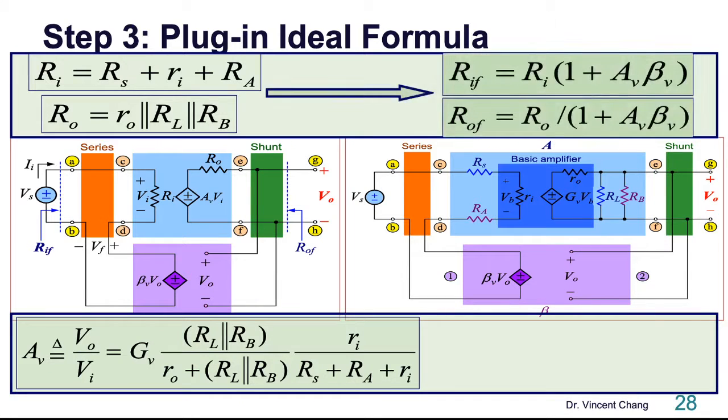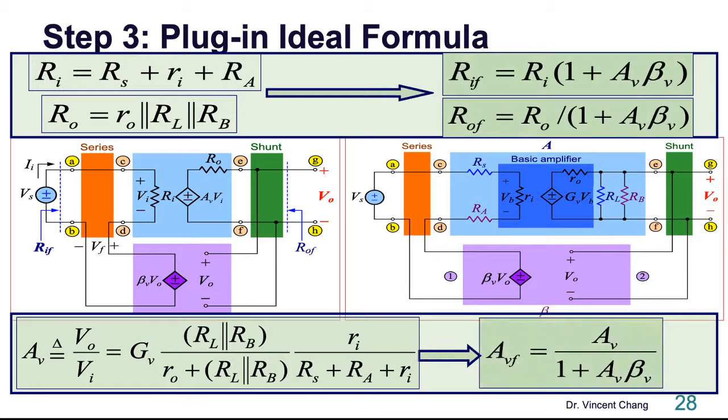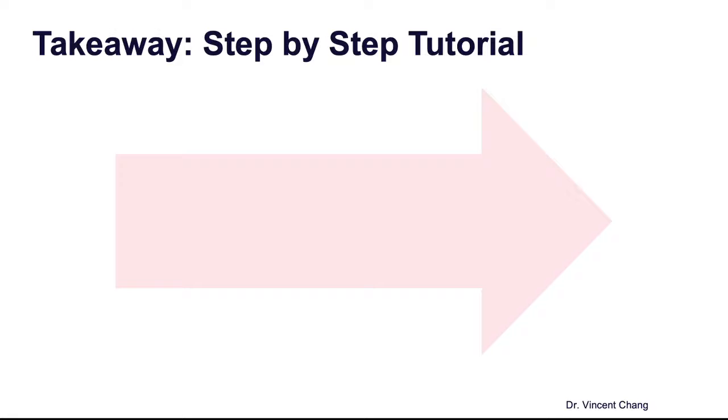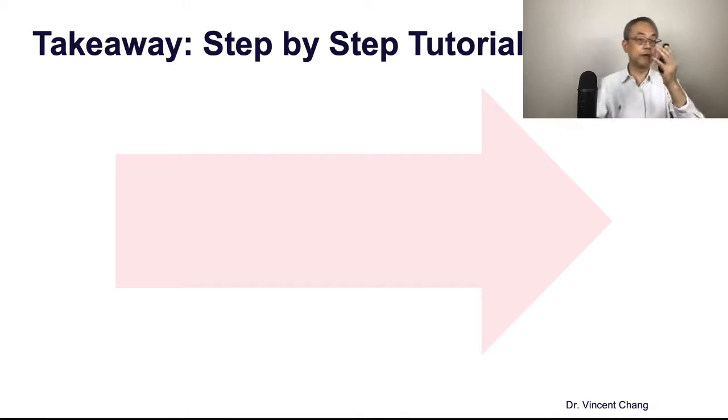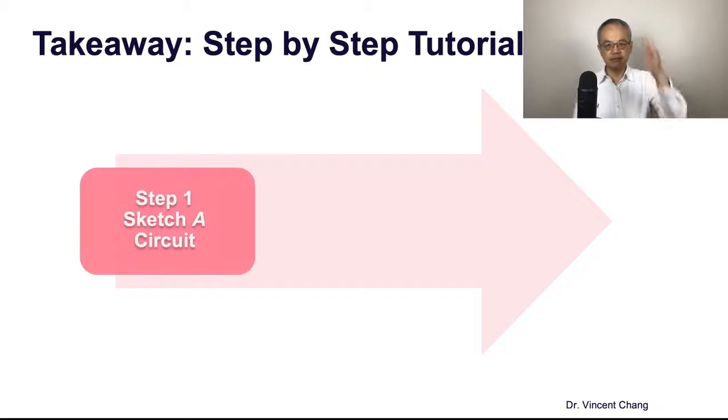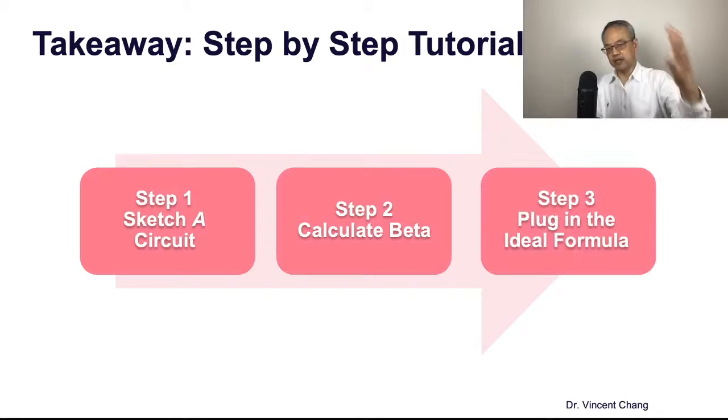Here's the result, the takeaway. So remember this. Your job is, I just try to make it easy for you. 3 steps: A, beta, then ideal. Then plug in.